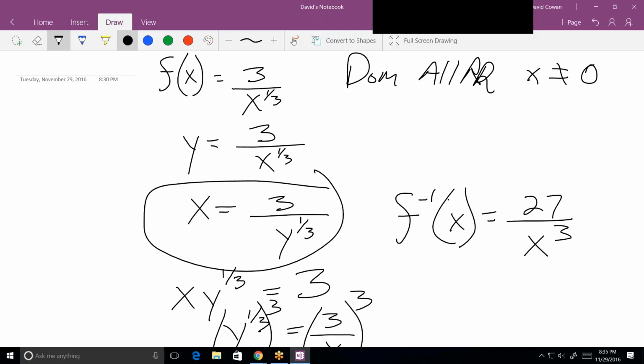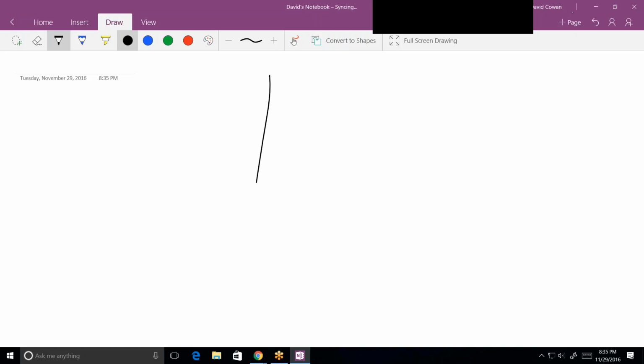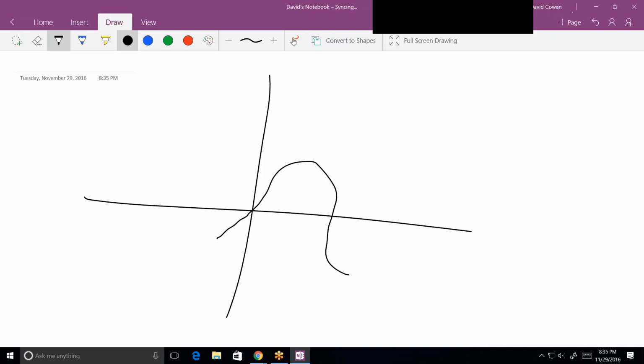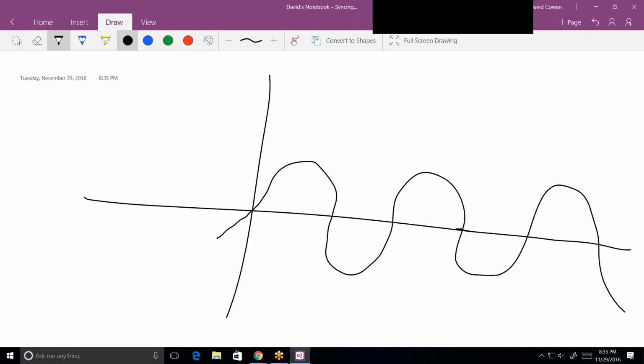I haven't had trig yet, so I can't use that as an example. Well, I kind of can. I don't want to spend a lot of time on this, but if you took the sine function, notice that's not one-to-one. So if we are to take an inverse, you can only take inverses of one-to-one functions.